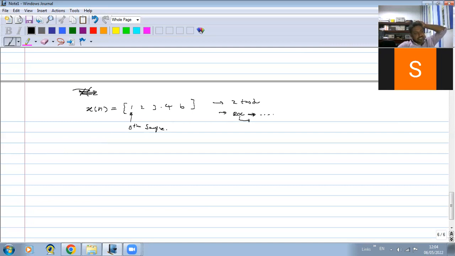Once we convert this to a Z transform, it will become a power series. So can you please take 5 minutes and try to find the ROC for this power series. Please try to find.